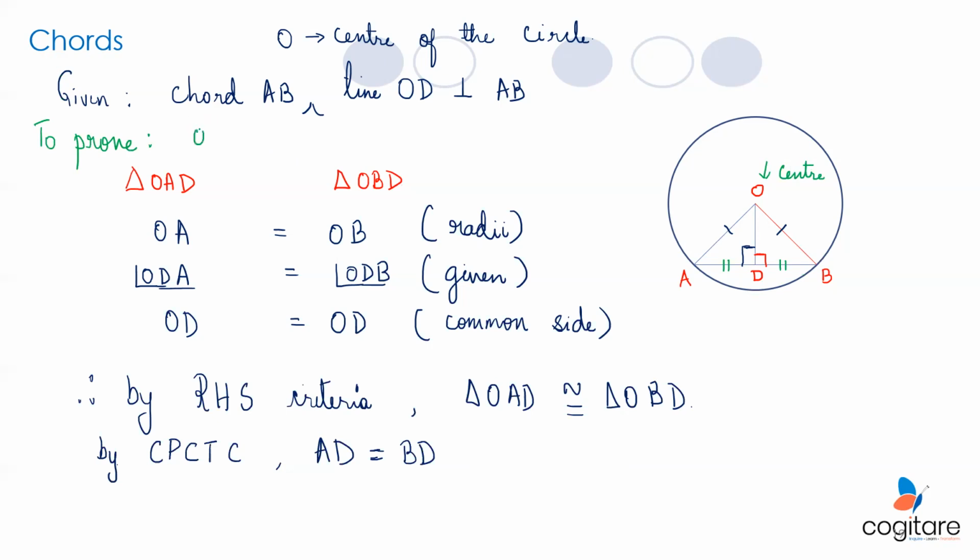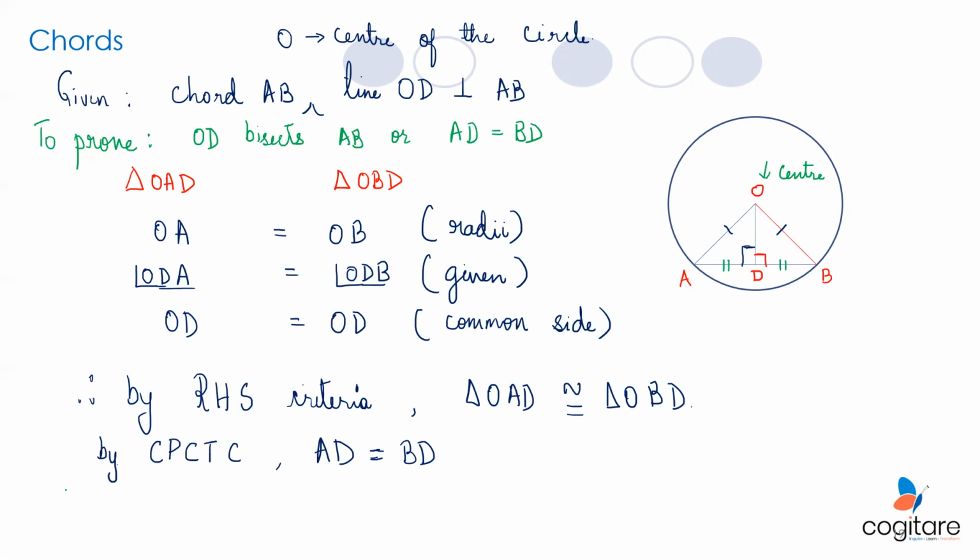Okay, to prove OD bisects AB, or AD is equal to BD. I'm not writing the theorem up front because we just start with trying to observe what's happening and then we conclude it.